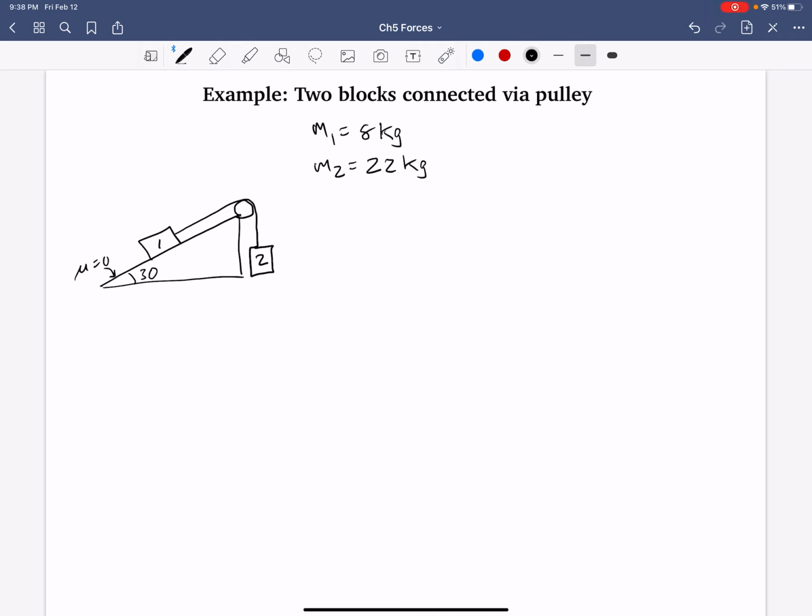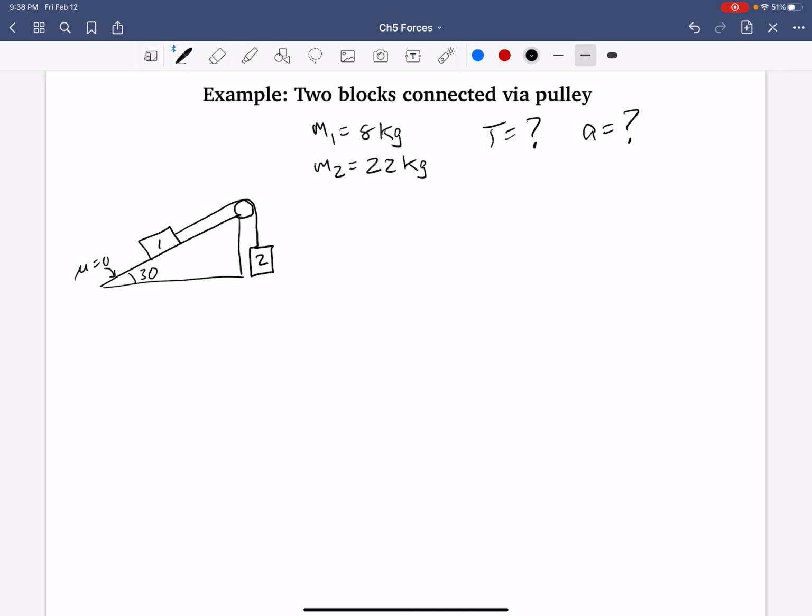So we'll have components going every which way, so we'll need to be very careful. But we'll follow the same exact process for the free body diagram as before. So let's get to it. We want to solve for the tension and acceleration of both objects.